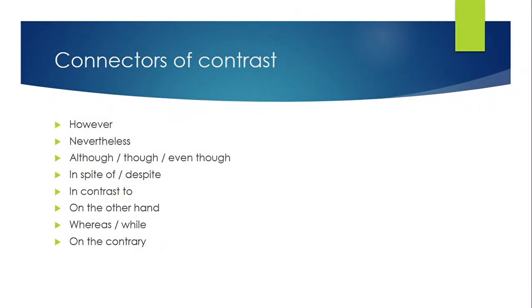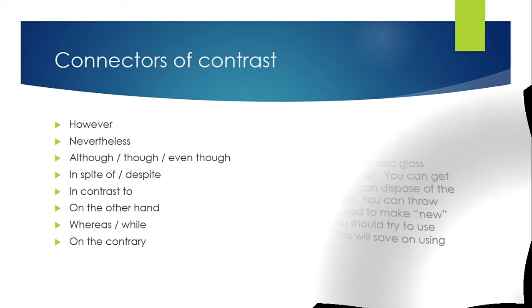Now connectors of contrast. When we make contrast, then we use these connectors. However, nevertheless, although, though, even though, in spite of, despite, in contrast to, on the other hand, whereas or while, on the contrary. These connectors are used for contrasting ideas, things, materials, etc.